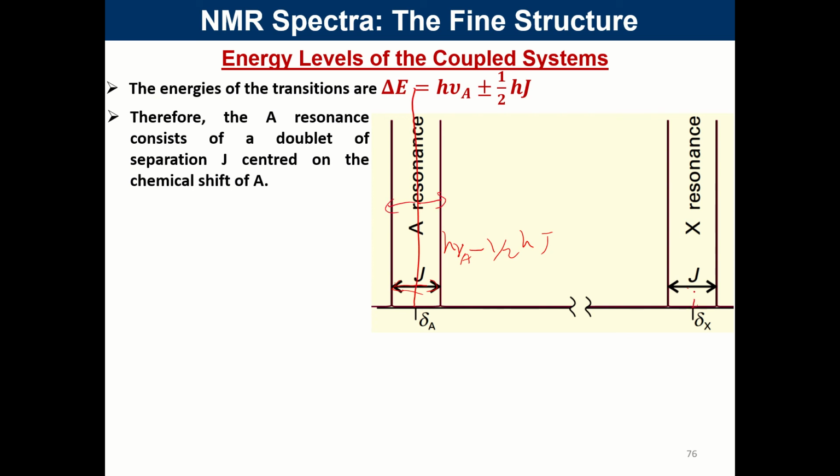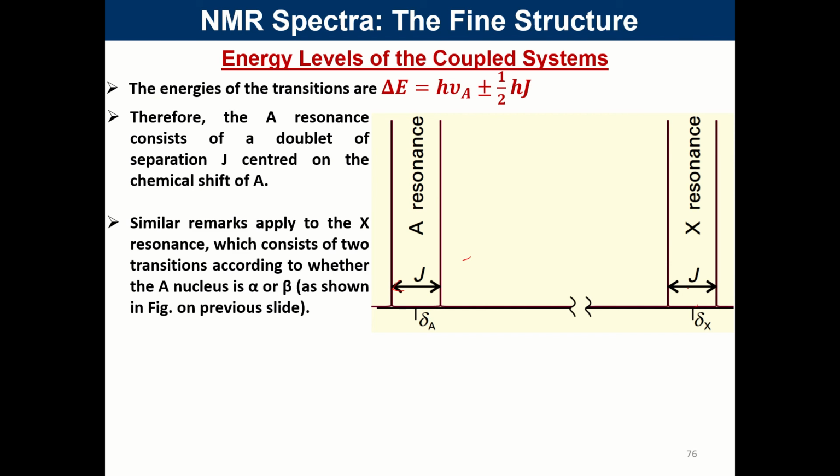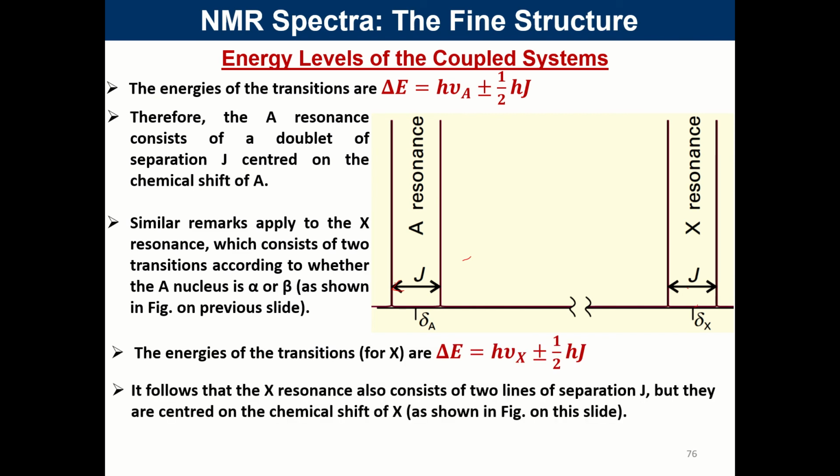Similarly, in the absence of A, it would have been a single line over here, now it is split into two, right? This is what we experience in the NMR spectrum. Similar thing will happen with the A position and the X position, both of them will have separation by the same amount in this manner, and so both will appear as doublets.